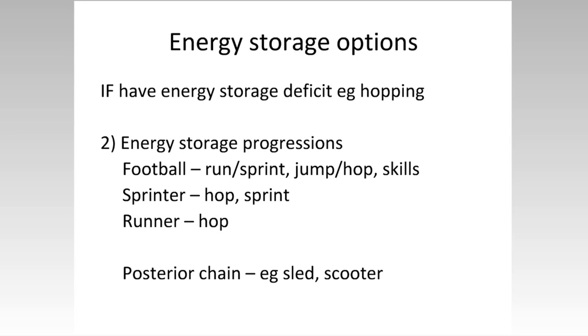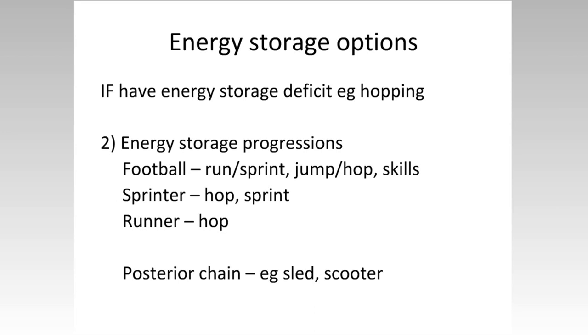So you can flesh out programs, and usually if they've had a long layoff or they've got deficits in their power, it will take them a good 2 to 6 weeks to develop through these phases, usually more towards 6 weeks. Sprinters do a lot of hopping and progressing to faster acceleration, and runners, I tend to give them a lot of hopping and progressing back to running if they've got deficits in their hopping.